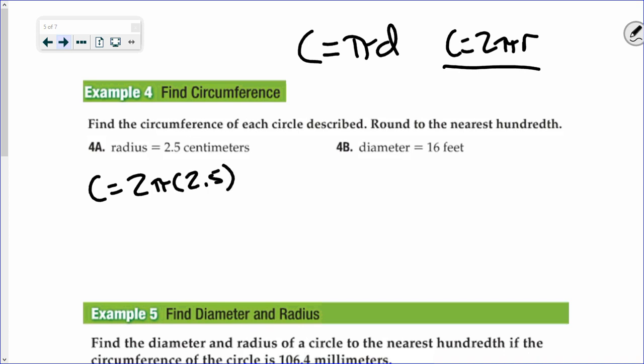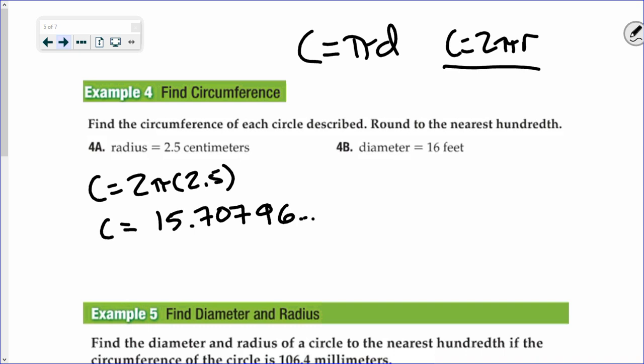And I'm going to use the scientific calculator here, one of them in my class, and you just plug in 2.5 times 2 times, you'll use the pi button, and when you plug that in, what you get is 15.70796, and it keeps going on. It's irrational.